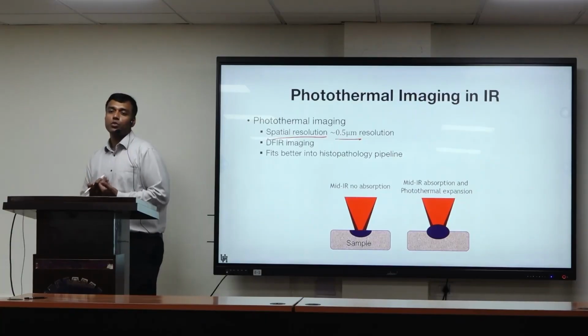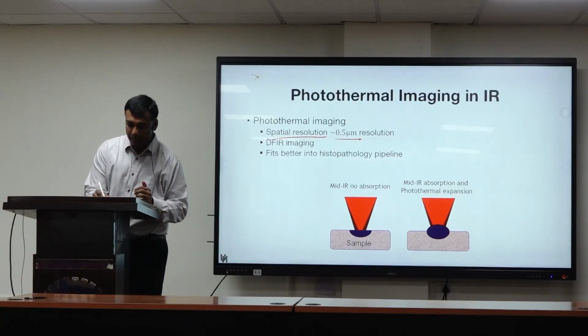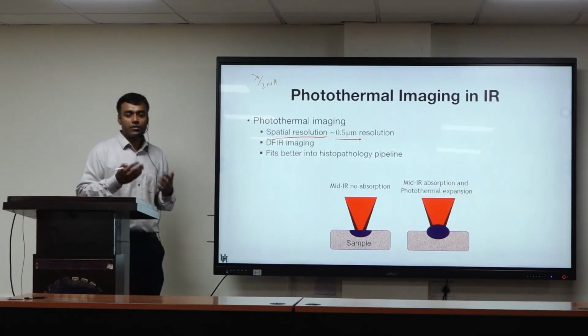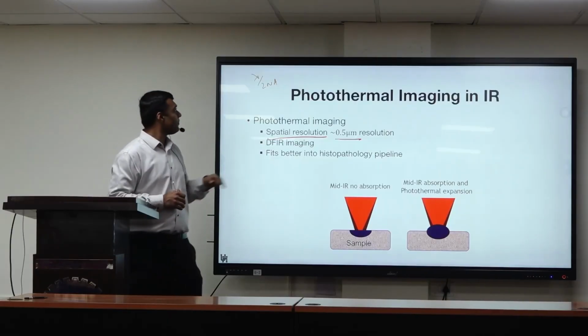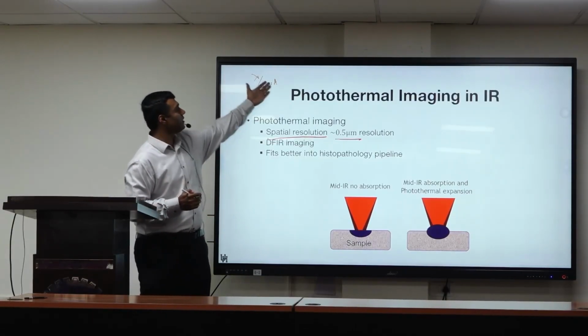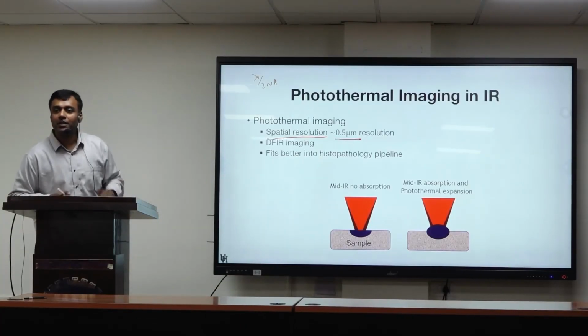So what is a super resolution method? Typically, for a microscope, lambda by 2 NA is the resolution limit, the diffraction limited resolution. If you can get images that have better resolution than this, it's called super resolution. And photothermal can do that.